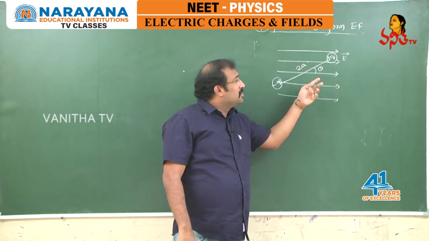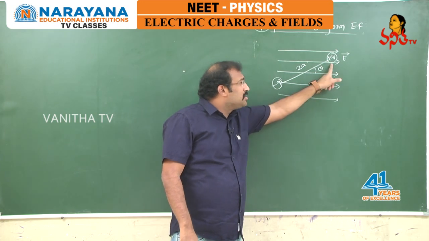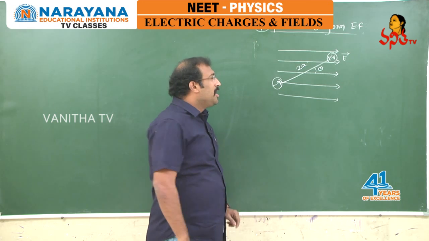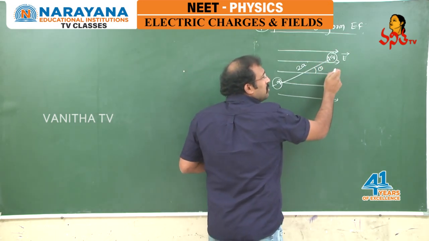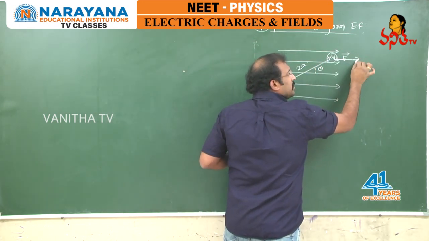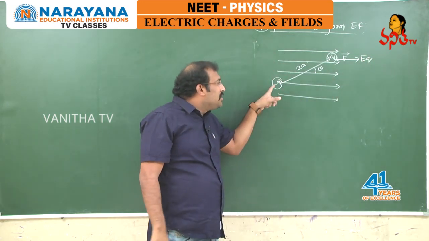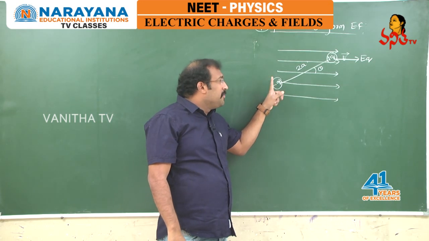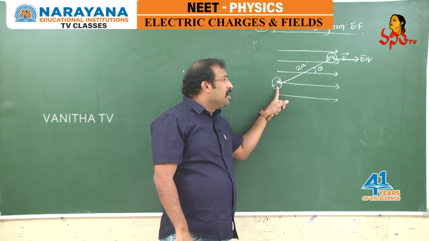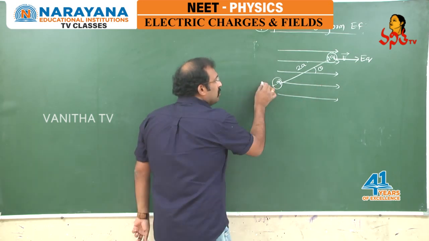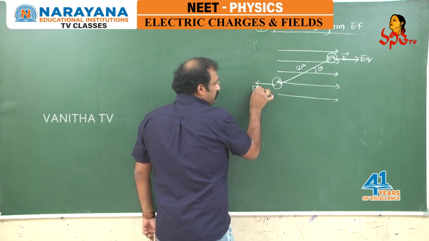We already discussed that when charges are placed in a field, they experience force. The plus q charge experiences a force in this direction, which is EQ, and the negative charge experiences a force in the direction opposite to the field, again EQ.